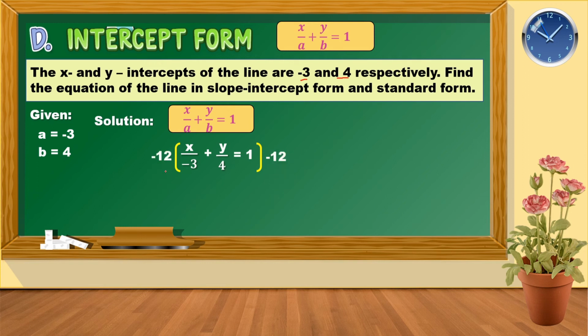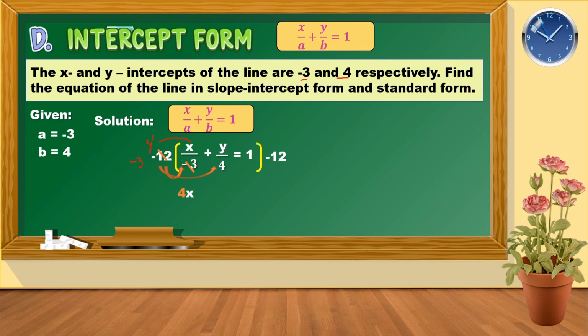So, ang gagawin natin is, we will multiply or divide negative 12 dun sa loob. Since ito ay fraction, what we're gonna do is, we will divide negative 12 by negative 3. So, negative 12 divided by negative 3 is positive 4. And 4 times x is 4x. Plus, ito naman, negative 12 divided by 4 is negative 3.